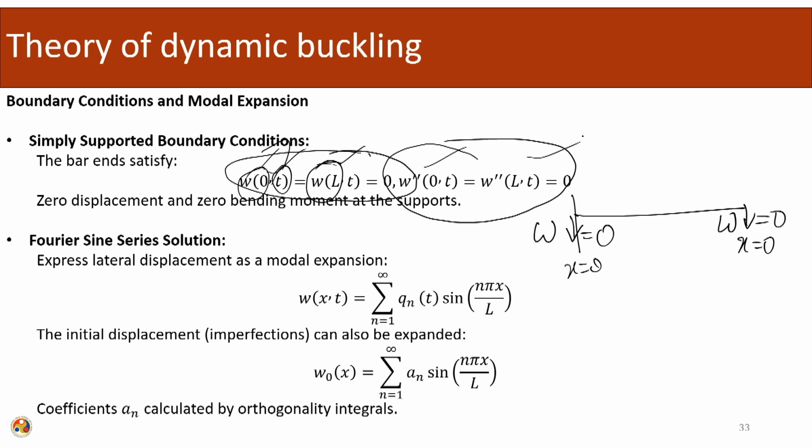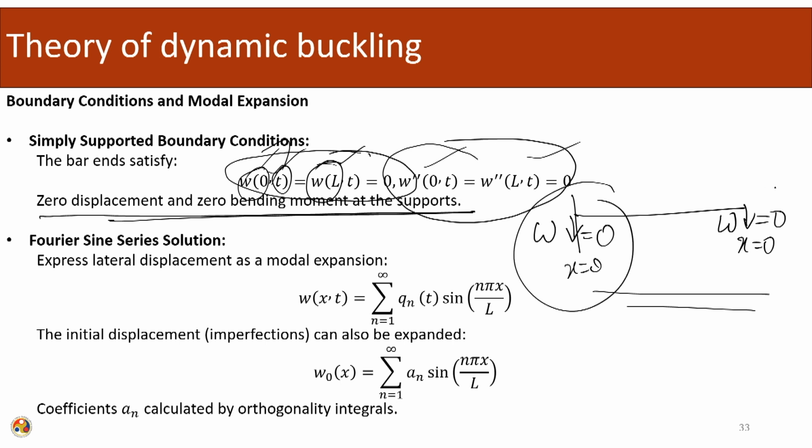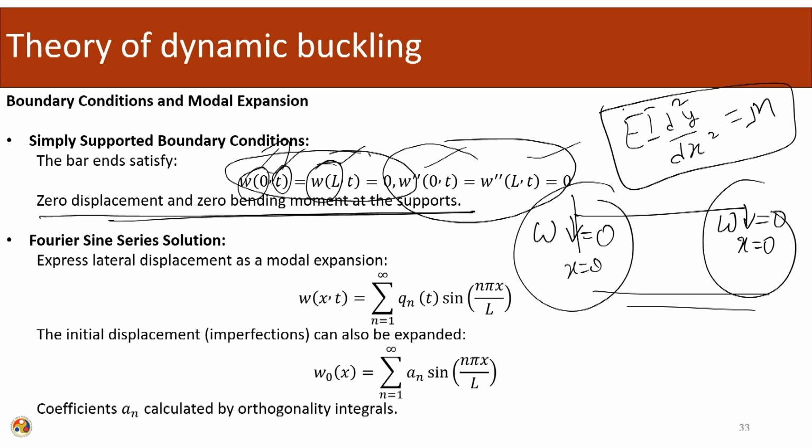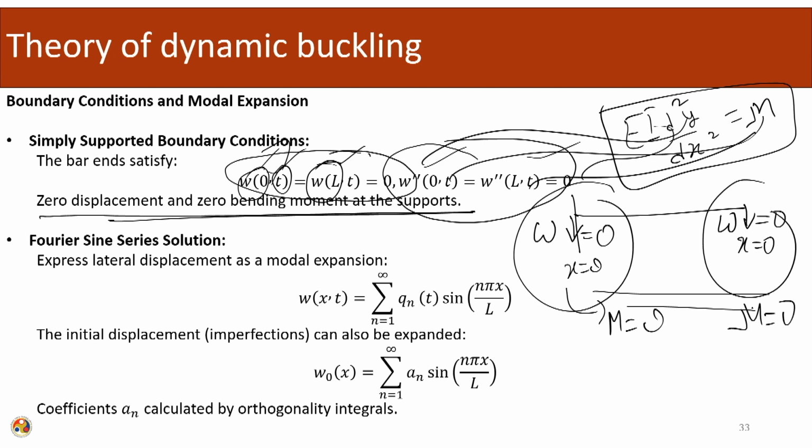At the two ends, this term gives 0 displacement and 0 bending moment at the supports. So, displacement is 0 and this term is giving the bending moment. This term at the two ends will be 0: the bending moment at this end is 0 and the bending moment at this end is 0.